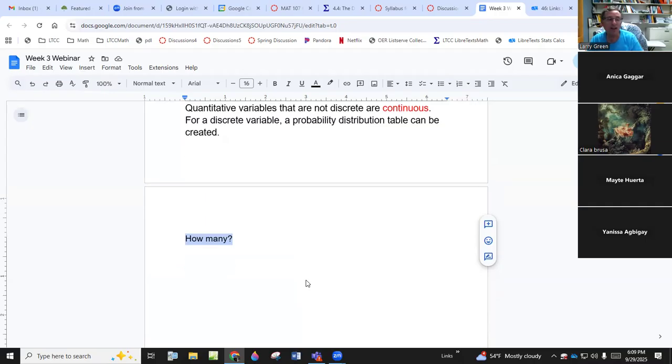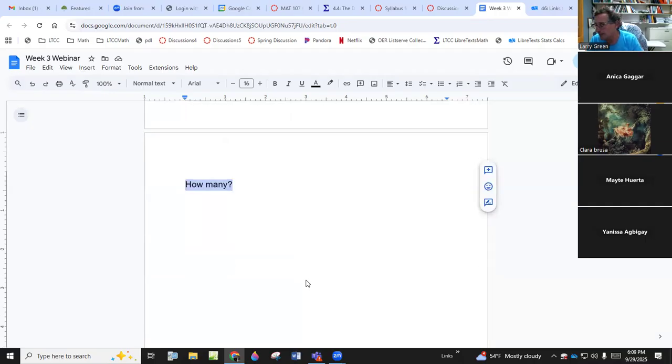Whereas continuous is how much. So it'd be like, how much time did it take to take a shower today exactly? Okay. You can't list all the possibilities. It goes on forever. Okay. I took my shower. It took 6.1357216579378 dot dot dot minutes. Okay. Does that make sense? So that would be continuous.